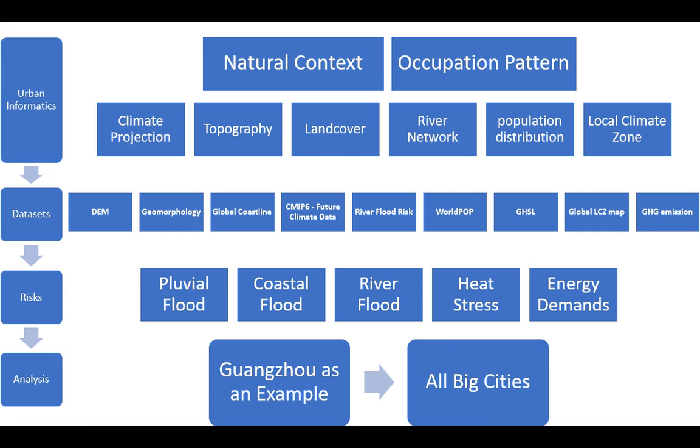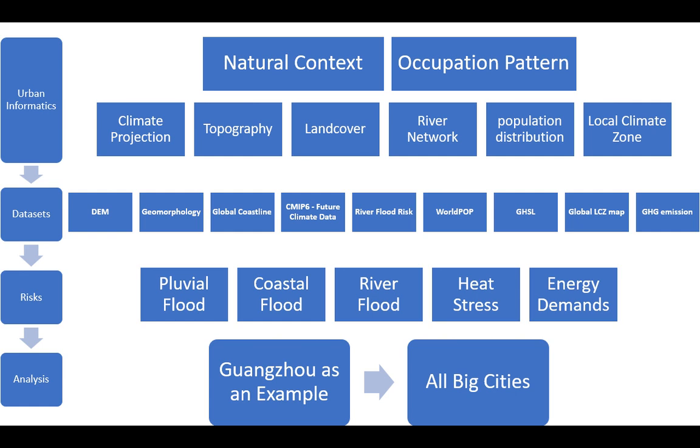And we need the CMIP6, which is the future climate. We have the river flood risk and current normal climate probability, and we have the population: the global human settlement layer, the global LCD map, and greenhouse gas emissions. That's all our data sets.